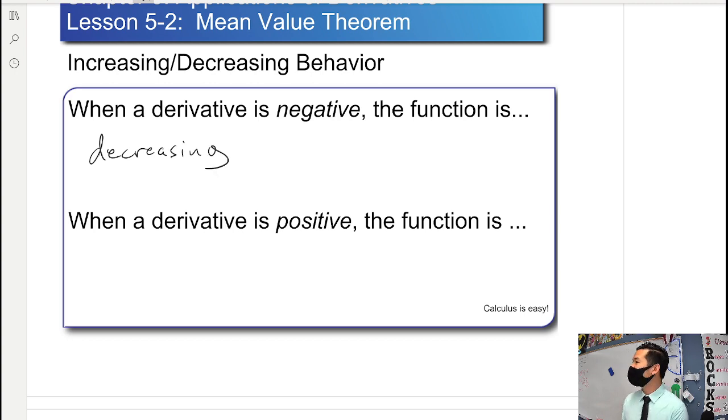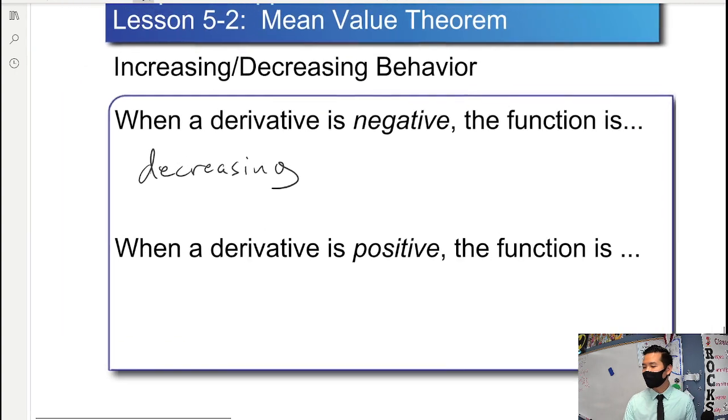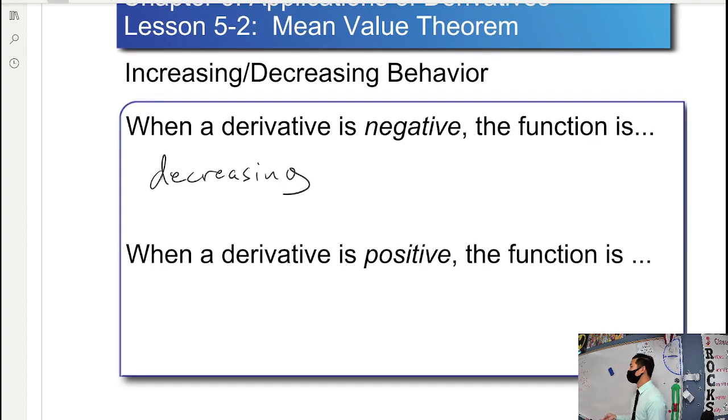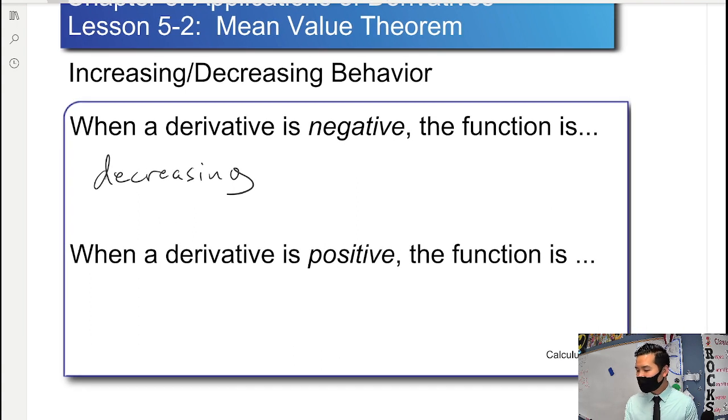If you're trying to find out when a function is decreasing, you just need to find out when its derivative is negative, right? When a derivative is positive, the function is increasing. And that's pretty much it. And I'll show you a quick drawing to help you understand this a little bit better, but I'll give you a second to copy that down.